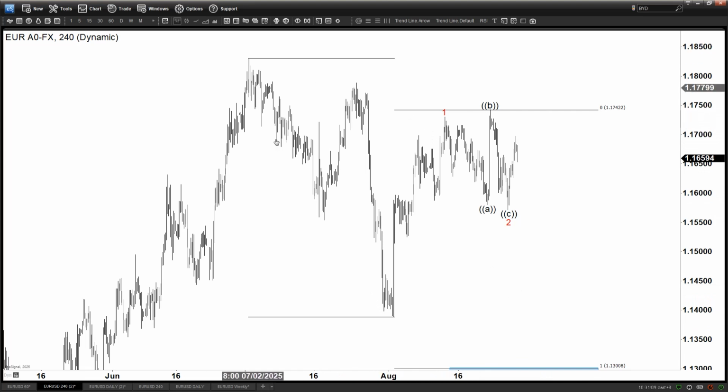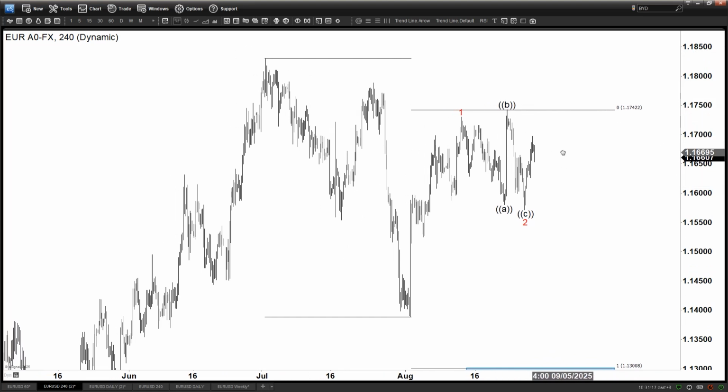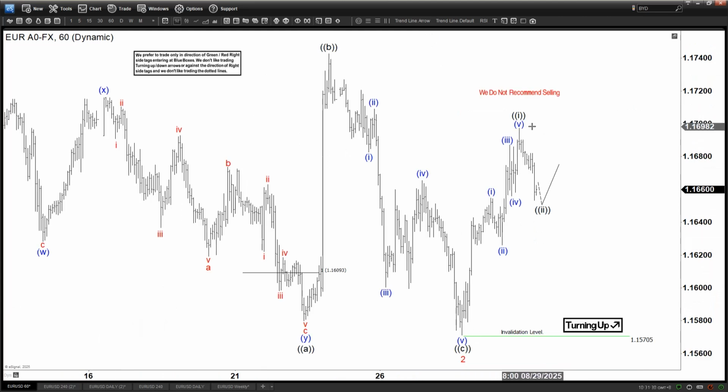We can talk about different alternates, but the key is understanding what the right side is, understanding the various possibilities, and understanding what will be more likely. For now, what is more likely is that it holds above here because the rally looks like a 5 swing. So as long as we stay above 115.70, we can see further upside.